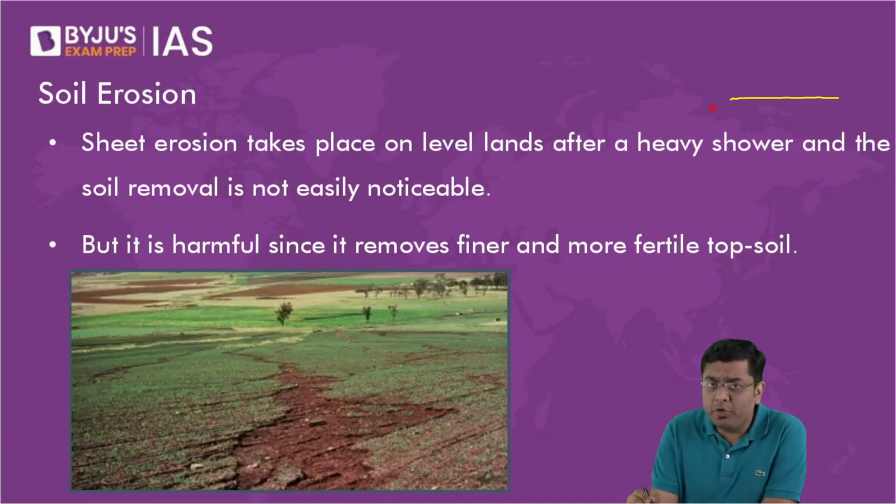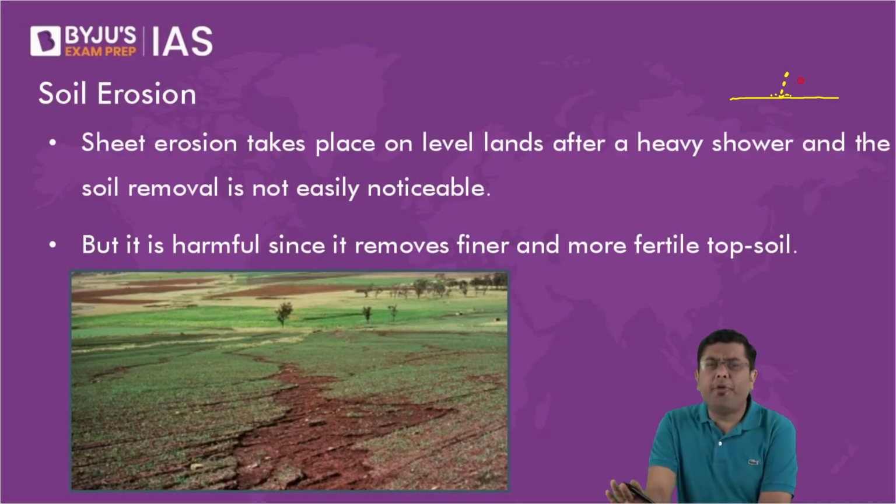Now, if ever you would have observed it carefully, you will observe that when the droplets of rainwater fall, they create a splash, isn't it? Now, some amount of that topsoil will be removed from that area as well, isn't it?